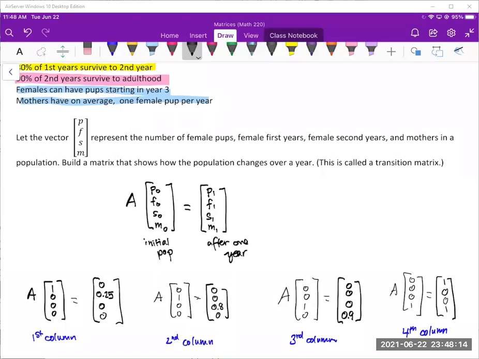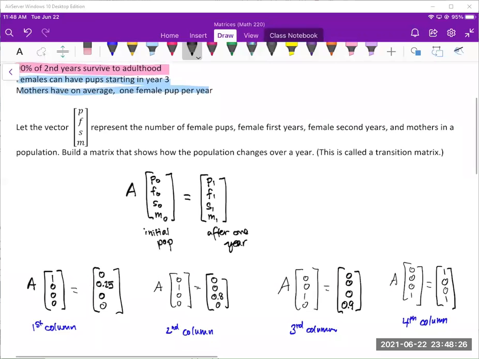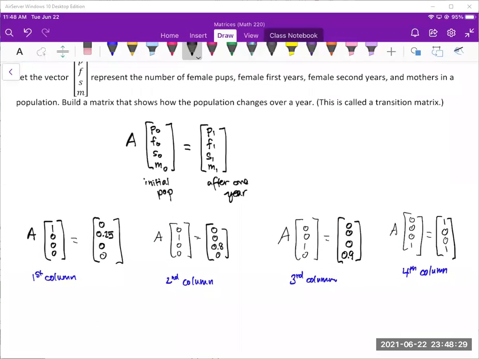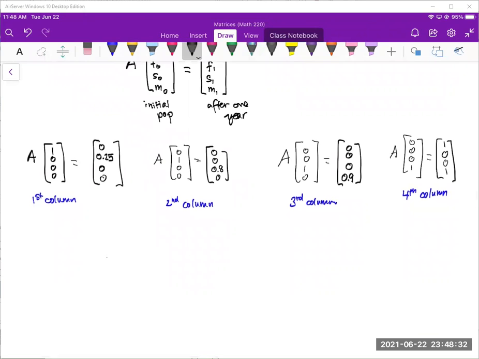And so if we come back 1 year later, we're going to see a pup as well as the mother still there. Okay, and so we now have the columns of our matrix. We can form this matrix A, which is called the transition matrix. And if we multiply it by a population, it'll tell us how much we will see 1 year later.